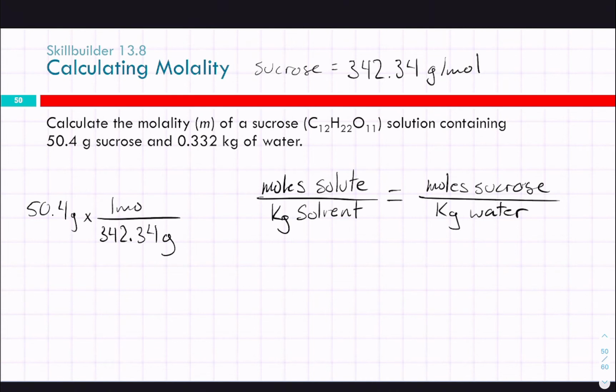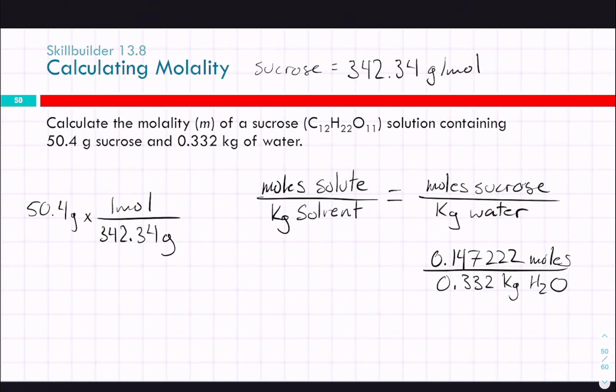So grams per mole. So we'll get 50.4 divided by 342.34. So that's 0.147222 moles divided by the mass of our solvent, which is 0.332 kilograms H2O.